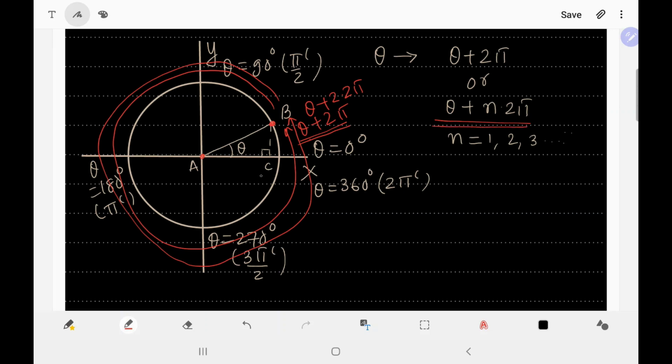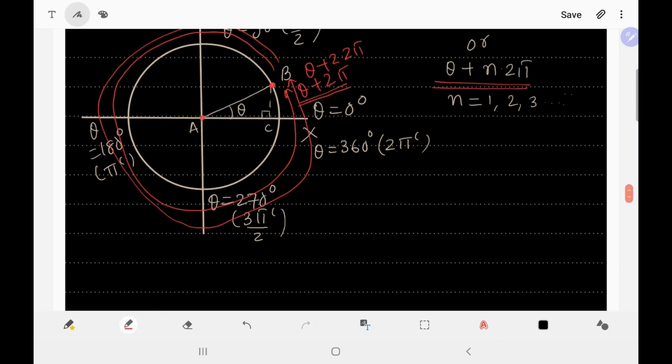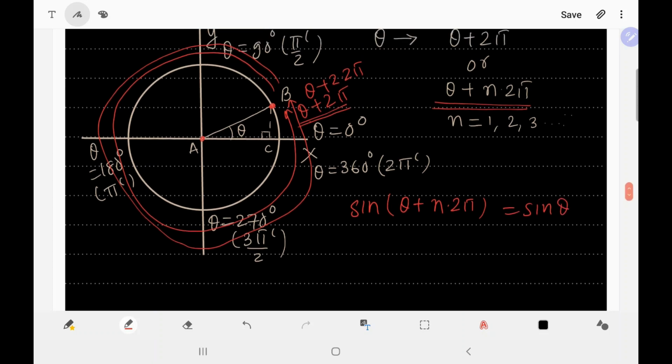Now in this new position, it can be observed that the x and y coordinates of point B remain unchanged as B comes back to its original position. That means we can say that for angle theta equals theta plus n times 2 pi, sin of theta plus n times 2 pi is equal to sin theta, since the coordinates of B are remaining unchanged.